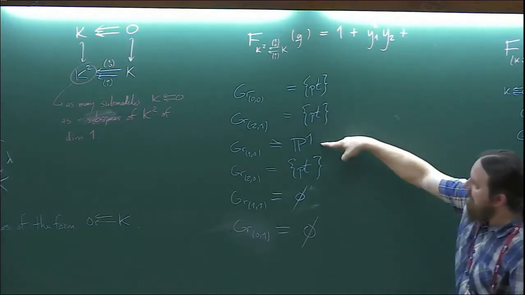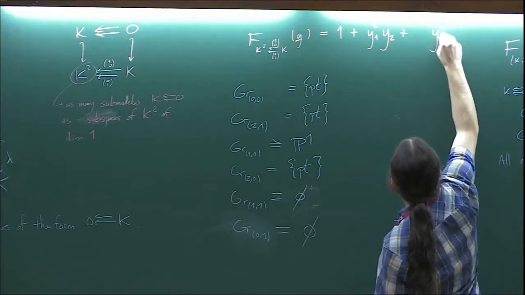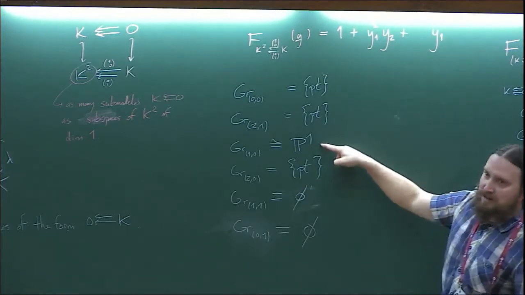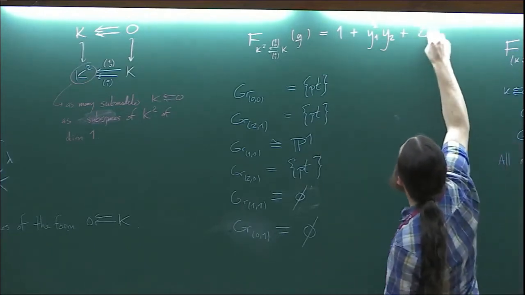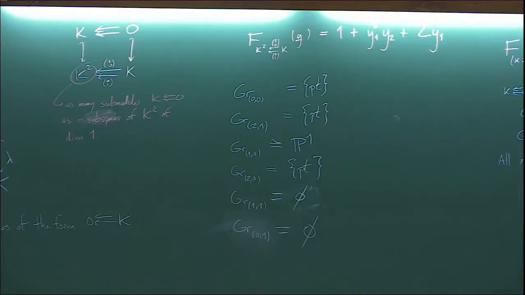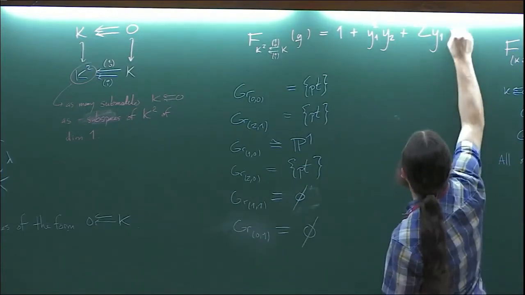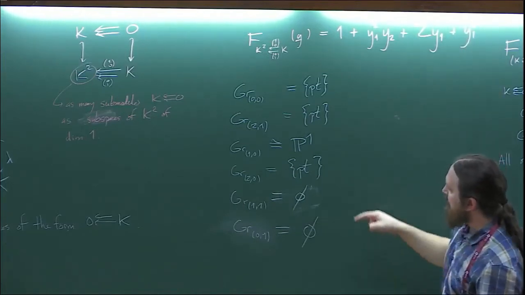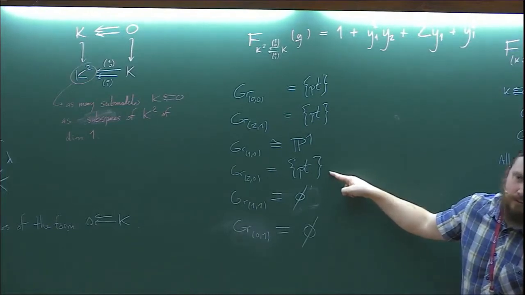Next, I have this Grassmannian of dimension vector 1, 0, so this corresponds to the monomial y1, and the coefficient in front is the Euler characteristic of P1. This is equal to 2. I have a 2 appearing here. And finally, there's this Grassmannian of dimension vector 2, 0, so I get y1 squared, and the coefficient in front of it is the Euler characteristic of a point, so that's 1.